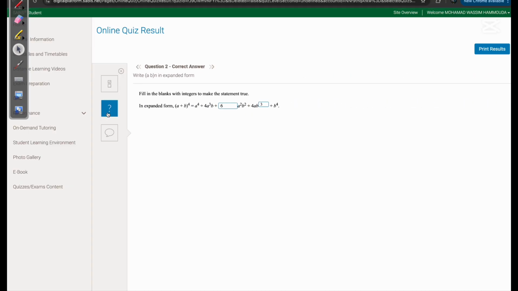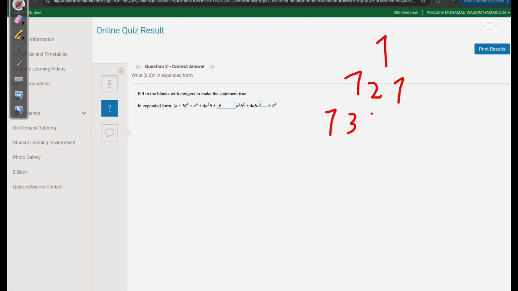Number 2. In expanded form, a plus b to the 4 is equal to, this one we used Pascal's triangle: 1 1, 2 1 1, 3 3 1, 1 4 6 4 1.